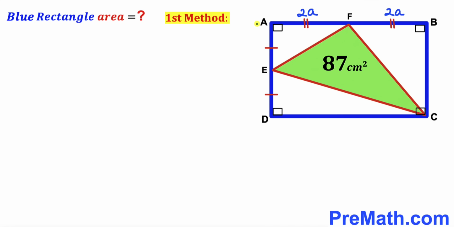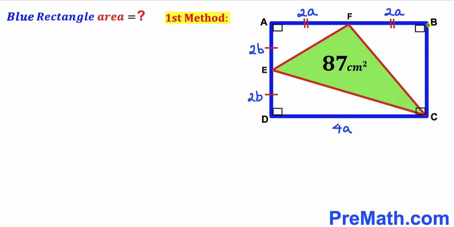And likewise, this segment AE equals this segment DE. So if I label this segment as 2 times B, then this segment has got to be 2 times B as well. Then this whole segment AB is going to be 2A plus 2A, which gives us 4 times A. So this side CD is going to be 4 times A as well.